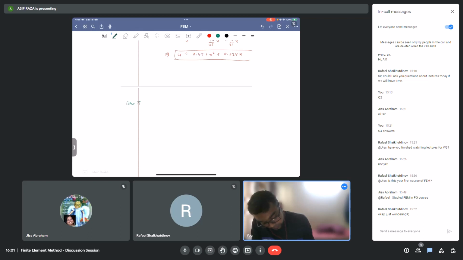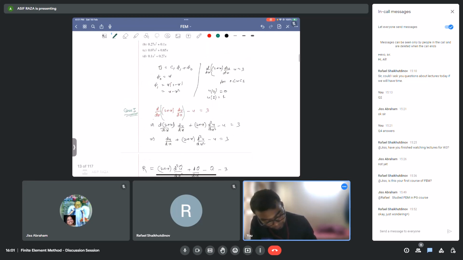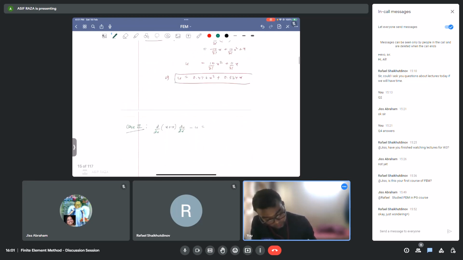Case 2, when we have our differential equation as d by dx of (x + 2) du/dx minus u equal to 3.